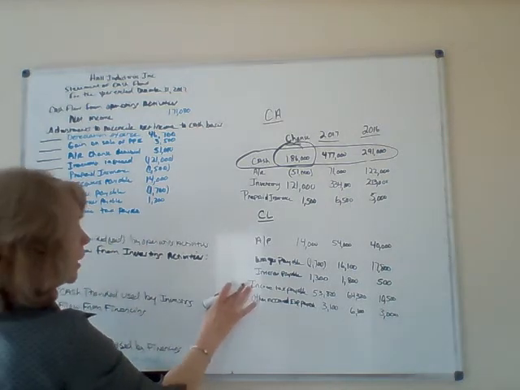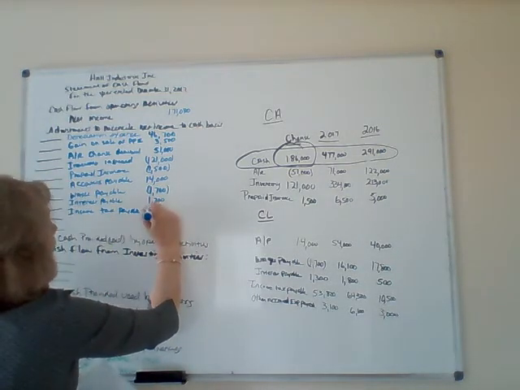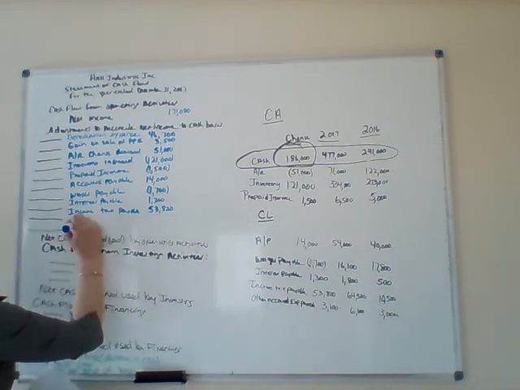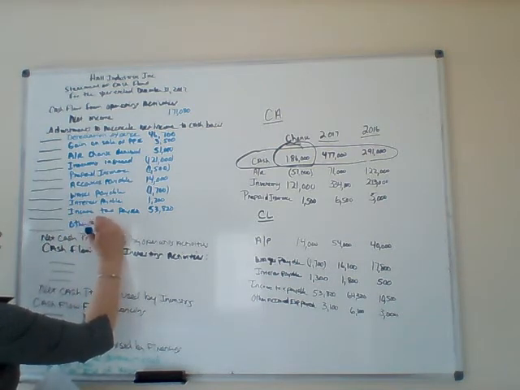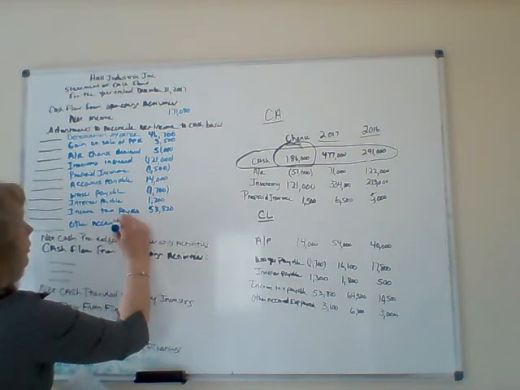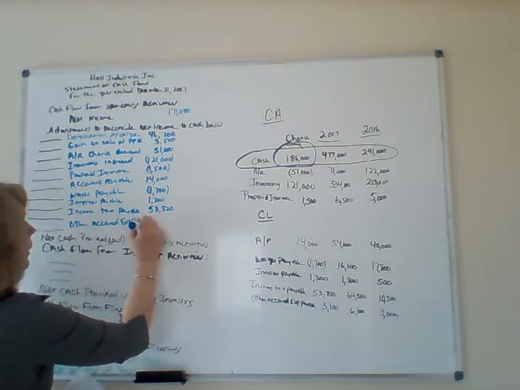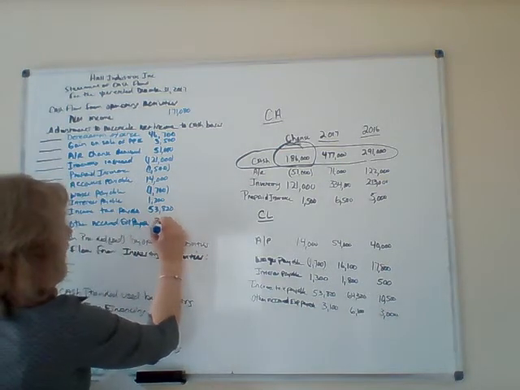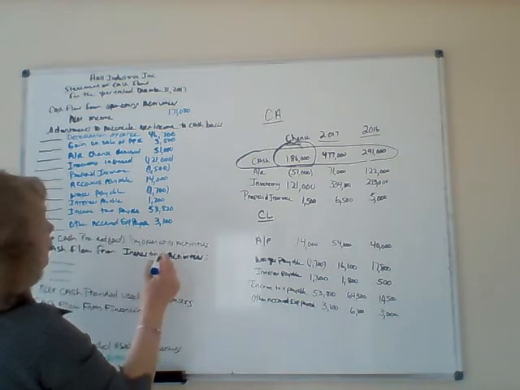Income tax payable, 53,820. It's positive. Other accrued expense payable. Remember, if it ends in the word payable, it's a liability. Okay, 3,100, and that's logical. It's positive.